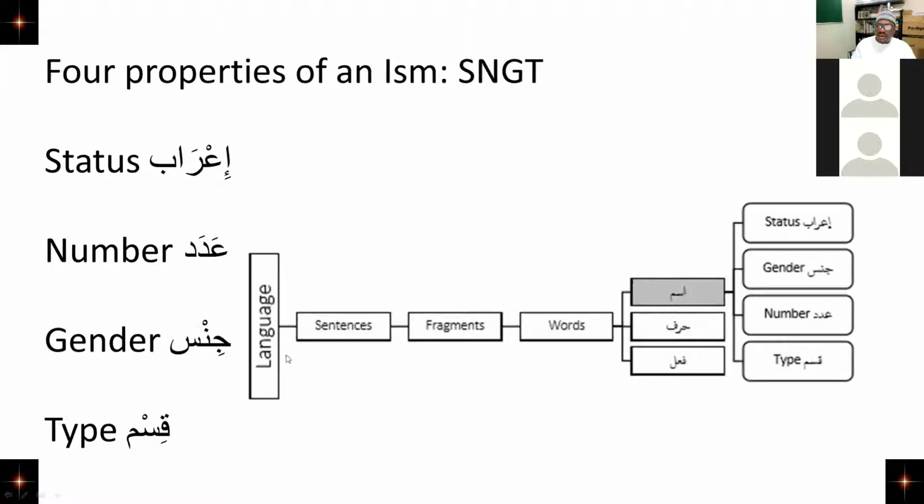That makes up the language. And so today we are going to concentrate mainly on the ism. Very important, please get focused. We're talking about ism. Harf will come within; as we are explaining the ism, you will see the harf intruding, coming. By the time you realize, we will really get the harf. And then the last part of our course will be the fi'l, inshallah.